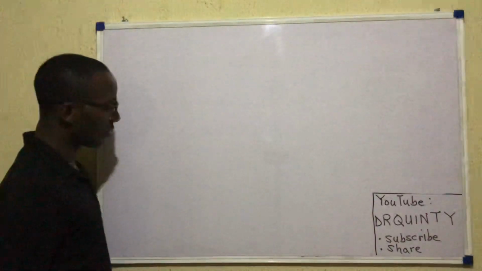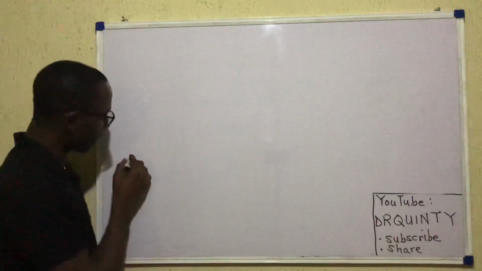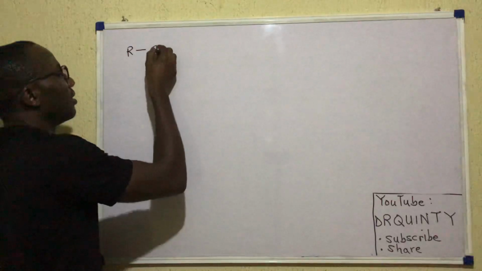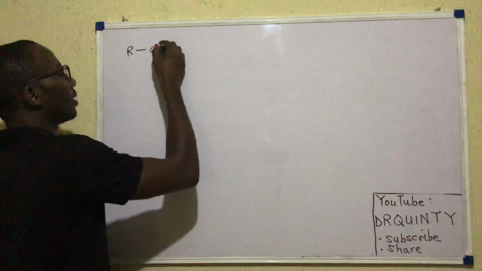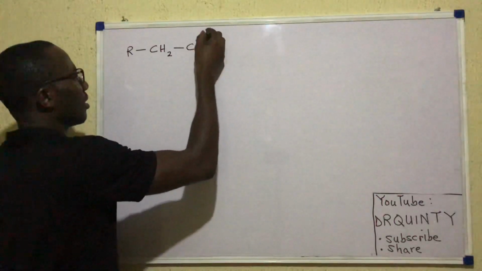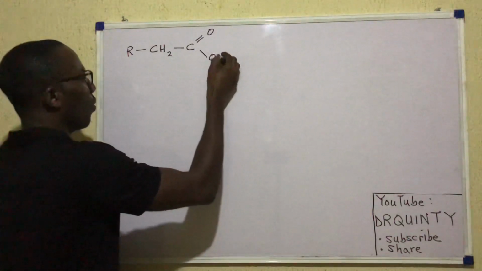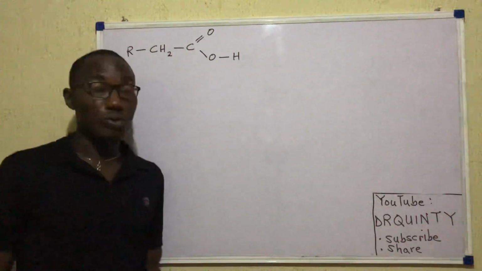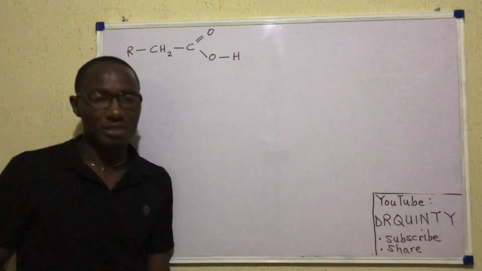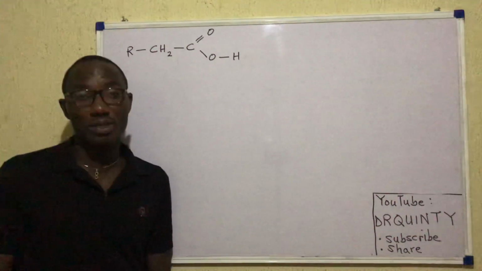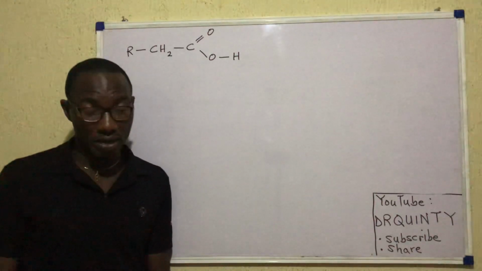Now see this. Let's say I write a carboxylic acid as R, C, or let's say CH2, then C, O, O, and H. That's a carboxylic acid. We don't know its name because my R is not defined. Now generally carboxylic acids are weak acids, we agree.